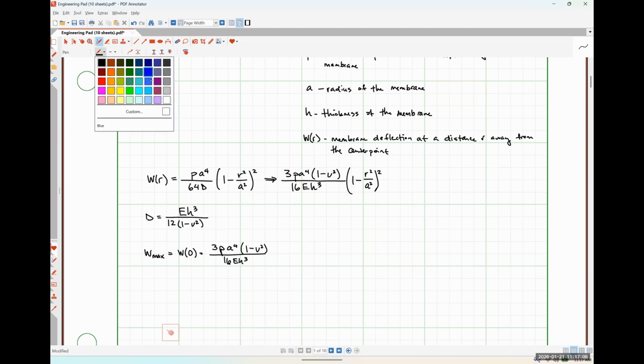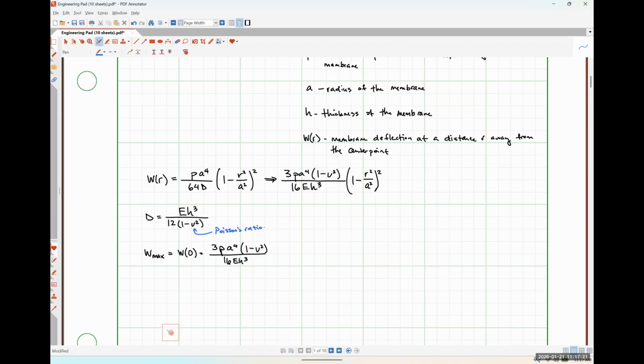And just to make sure everybody can remember this, I'm going to put a note here that this is Poisson's ratio, which helps to relate stress and strain in a system.